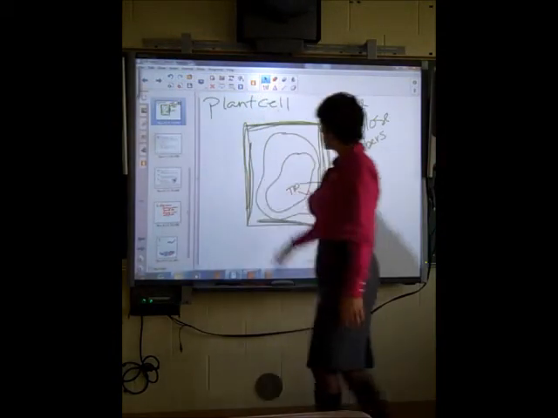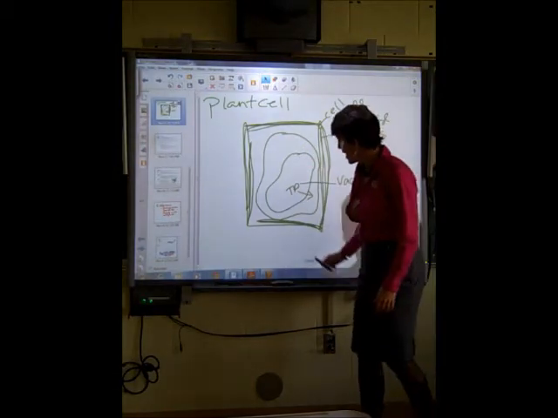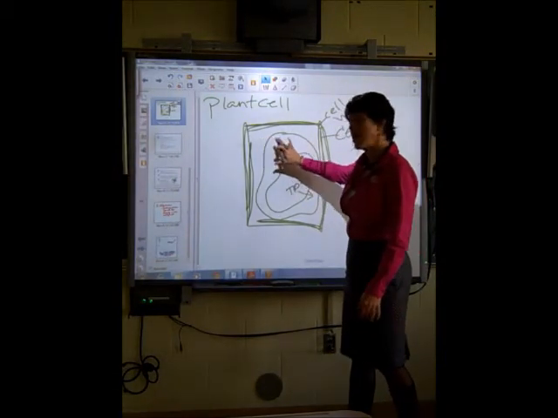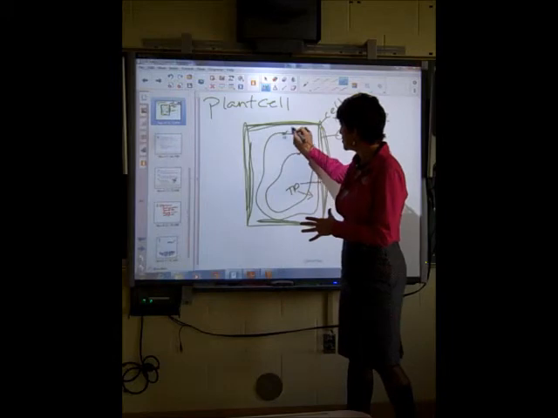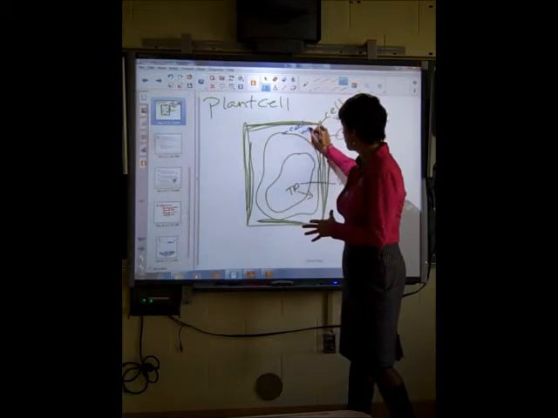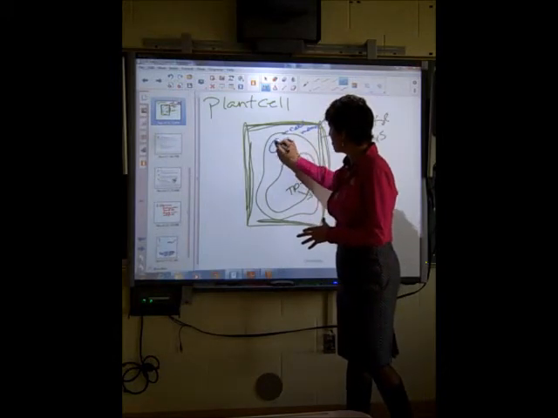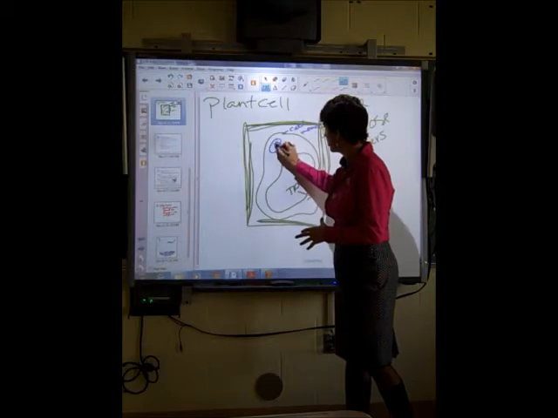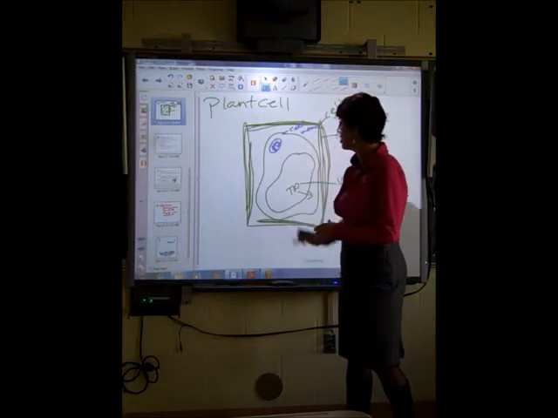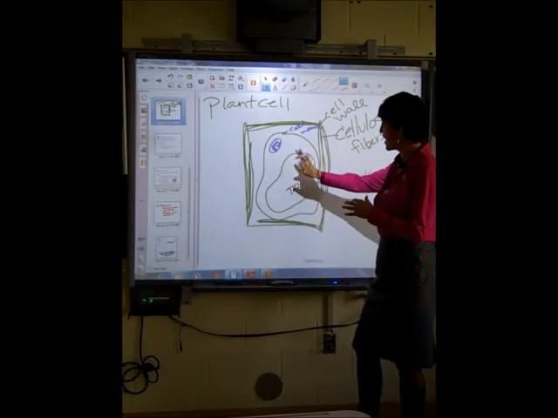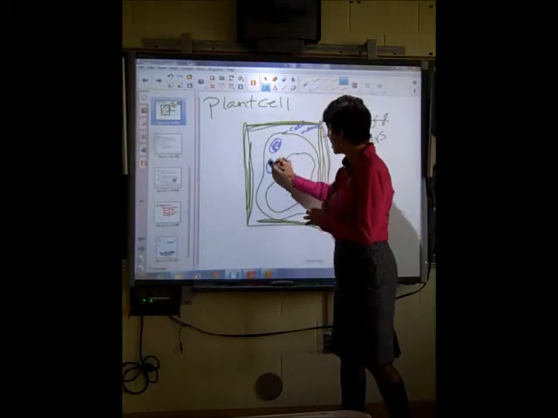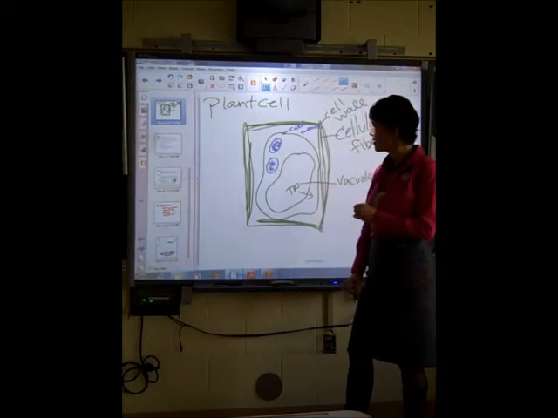So if I go up here to my plant cell, and I still want to be inside the cell membrane, I want to have a couple chloroplasts within my cell membrane. Not drawing this very good, but here's my little stacks of membranes inside.